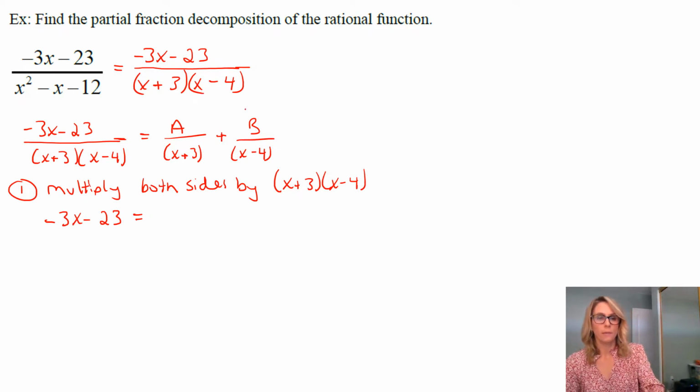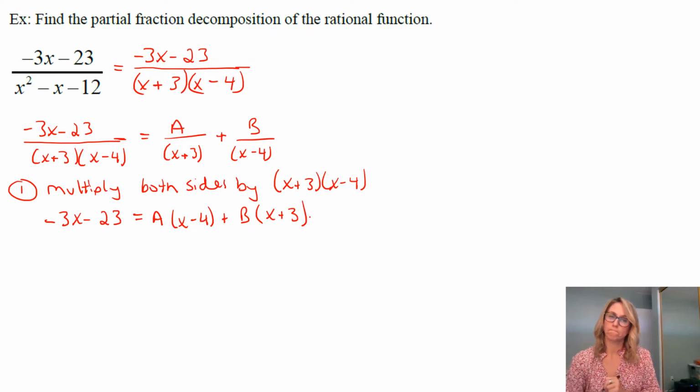On the right-hand side, when you multiply both sides by x plus 3 times x minus 4, that goes to each expression there on the right-hand side. The x plus 3 simplifies with the expression that has x plus 3 in the denominator, but you still have an x minus 4. So you have a times x minus 4. The b, the x minus 4 simplifies, but you're still left with x plus 3.